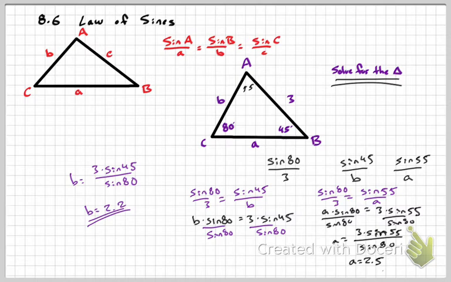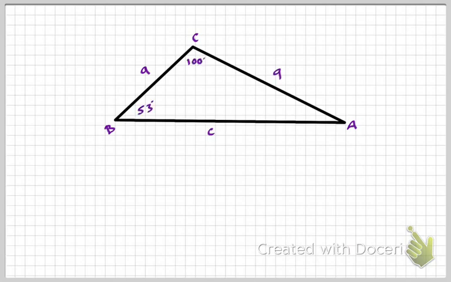Okay. Let's do another problem. Just so we're all aware, this is 9, and this is the letter A right here. So where's our complete ratio? Our complete ratio is with the 53 and the 9. So the sine of 53 over 9, and then let's go ahead and find the measure of angle A, 180 minus 100 minus 53.